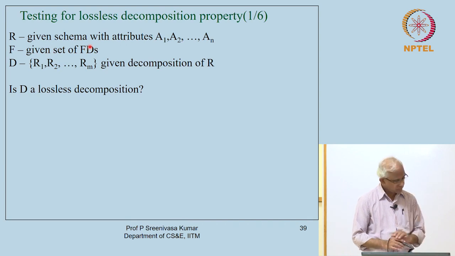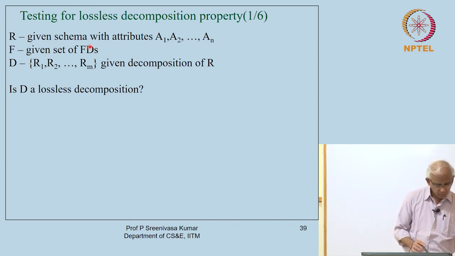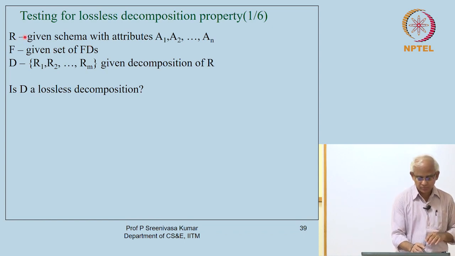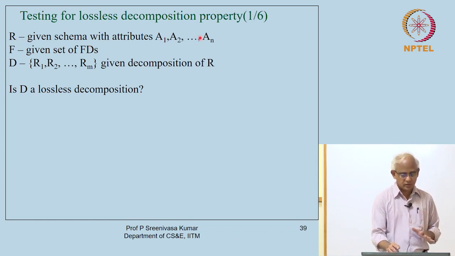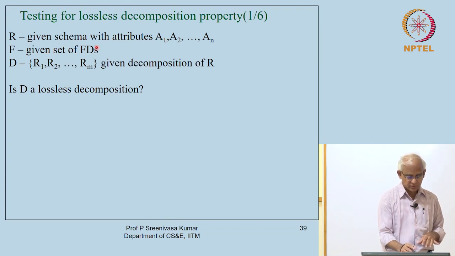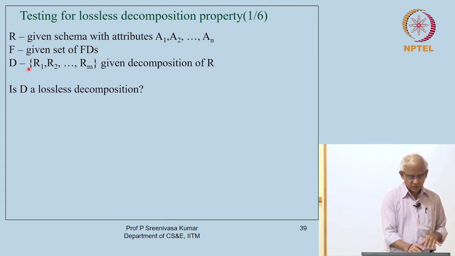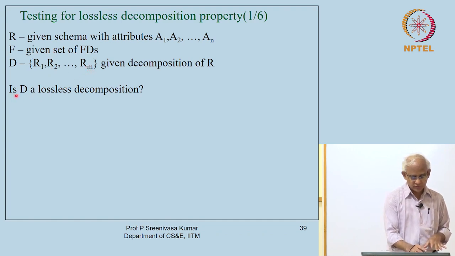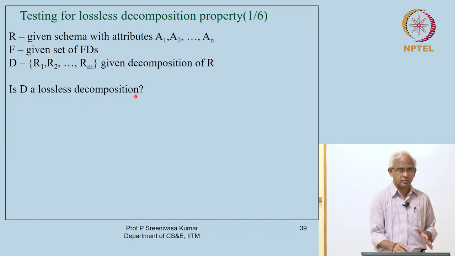It turns out that we have an algorithm that can check whether a decomposition is indeed lossless or not. Given some scheme R with attributes A1 through AN and given some functional dependencies F, and the decomposition R1 through Rm, we are going to answer this question: is it a lossless decomposition?